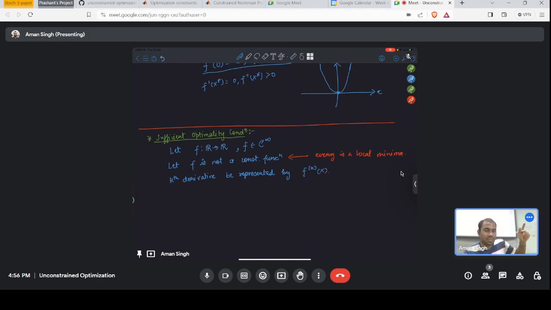So instead of k primes, I just write k there. That is for representational purposes, I use this as a kth derivative. Now we again have the same problem: x belongs to R, unconstrained minimization of f(x).